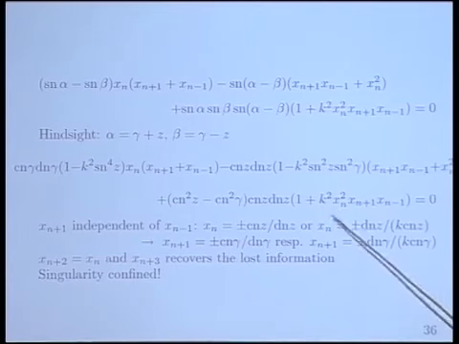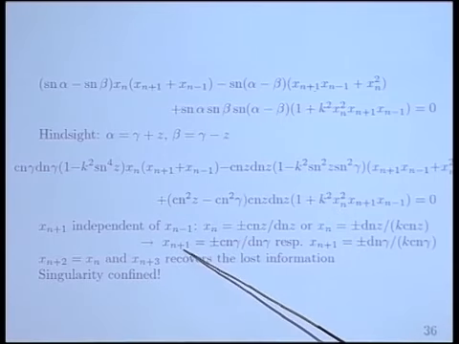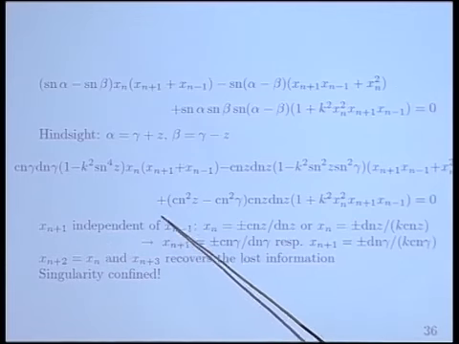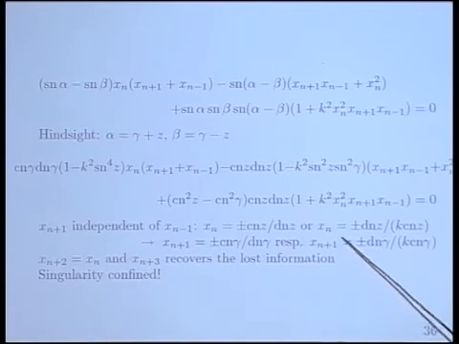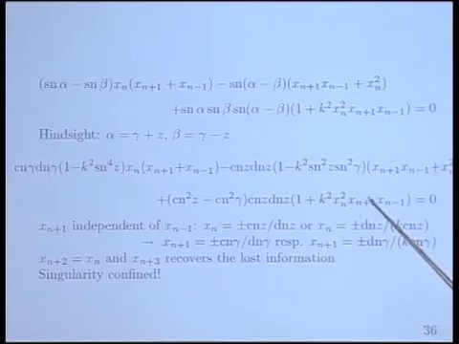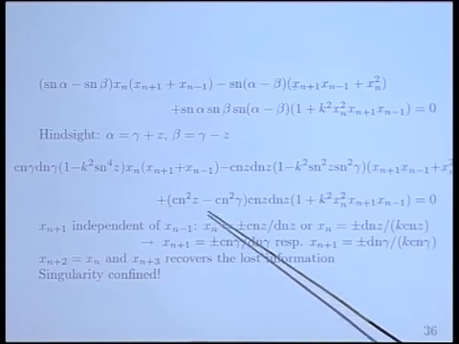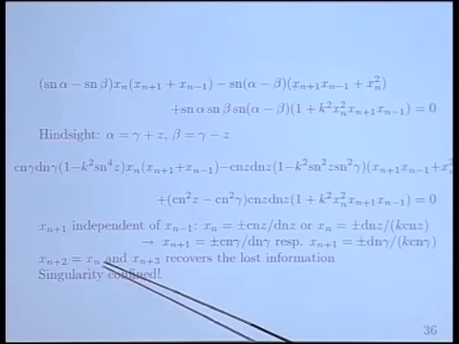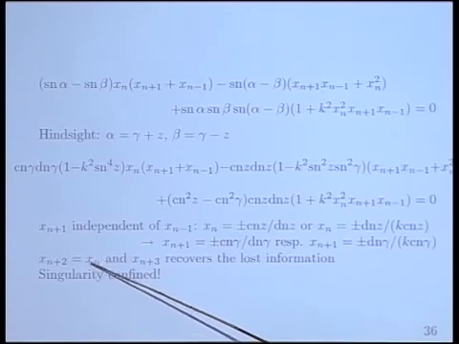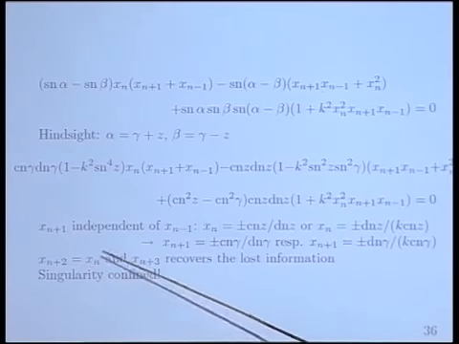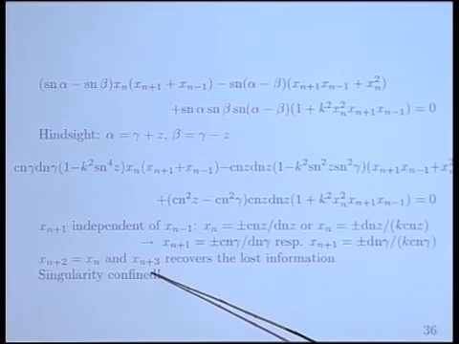And if that's true, then xn plus 1 loses information on xn minus 1 and takes these values. And then xn plus 2, of course, doesn't know what xn plus 1 is. It's just equal to xn. And when you try to compute xn plus 3, you find 0 over 0.